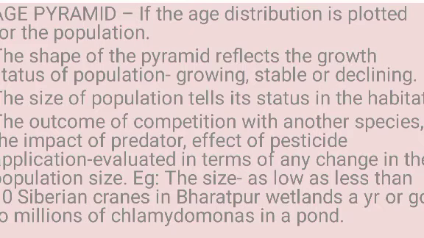For example, the size of the population may be as low as less than 10 Siberian cranes in the Bharatpur wetland in a year, or it can even go to millions of Chlamydomonas in a pond. This shows the population size. So what is population size?